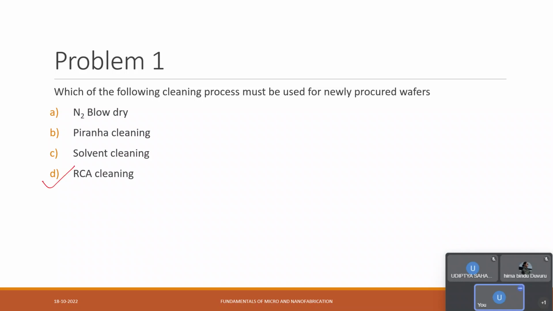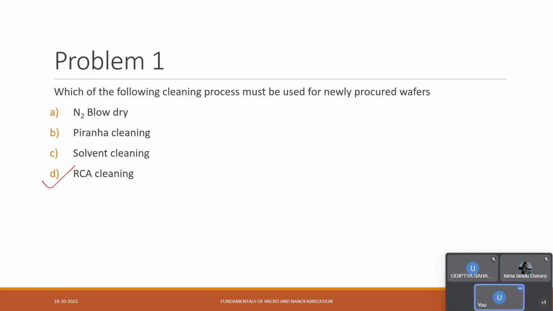RCA cleaning has three steps, and that's how it takes care of all the contaminations. The other options are just some steps: blow drying is done to remove solvents from the wafer.